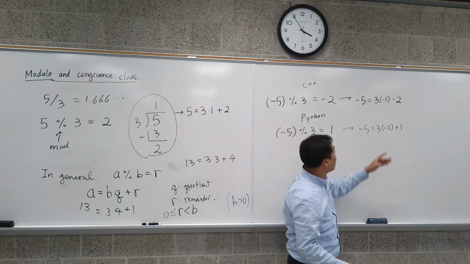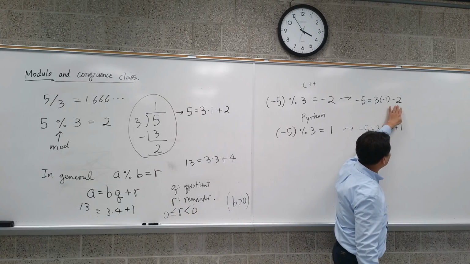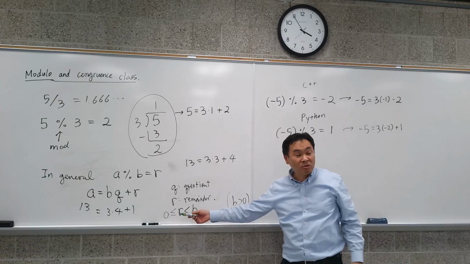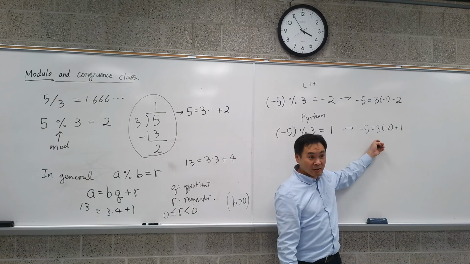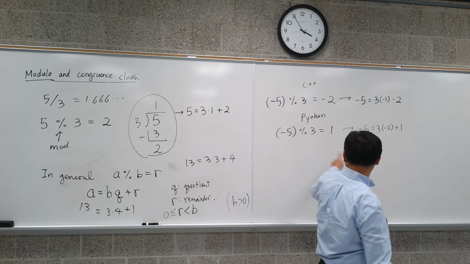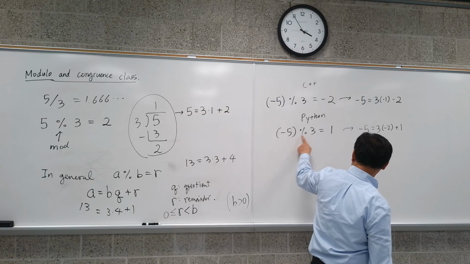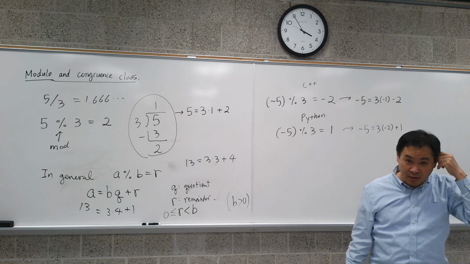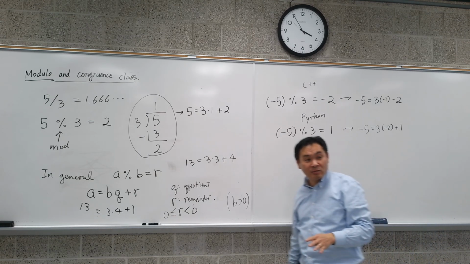And as you can see over here, this is negative, so this doesn't satisfy this condition, and this one does satisfy. Okay? So we will say negative 5 mod 3 ends up with 1. Any questions? Does this make sense?